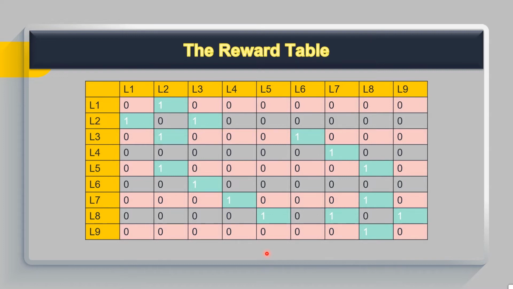So, as you can see here, in the table, the positions which are marked green have a positive reward, and we have all the possible rewards that a robot can get by moving in between the different states. Now comes an interesting decision.